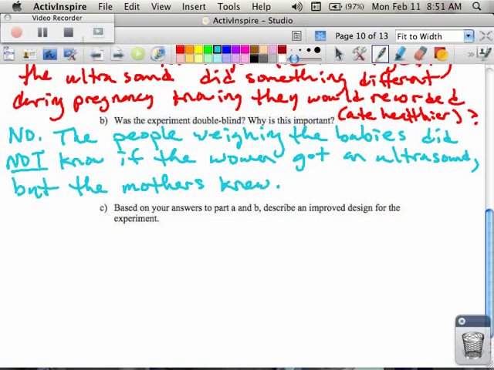So one group did not, the weighers did not, but the moms knew. So it's not a double blind, it's a single blind.